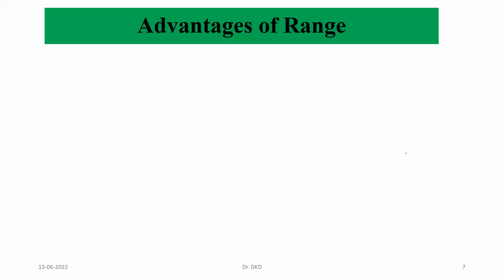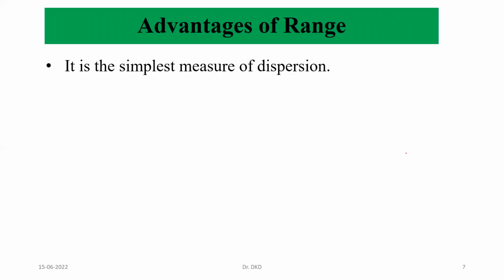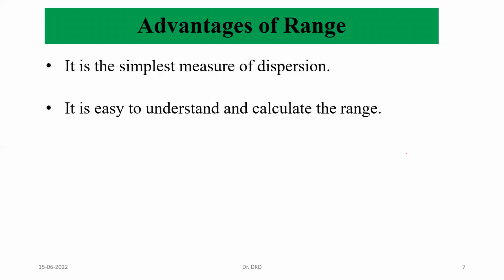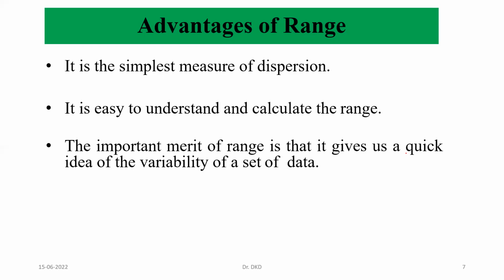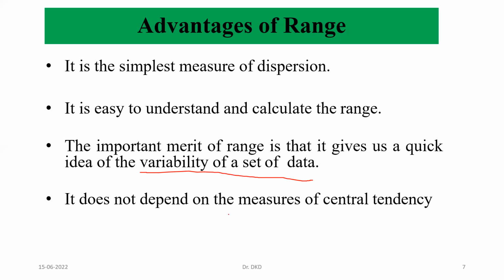Now we need to understand the advantages of range. It is the simplest measure of dispersion. It is easy to understand and calculate. The important merit of range is that it gives us a quick idea of the variability of a set of data, and it does not depend on measures of central tendency.